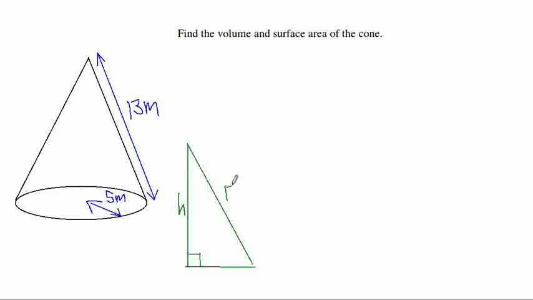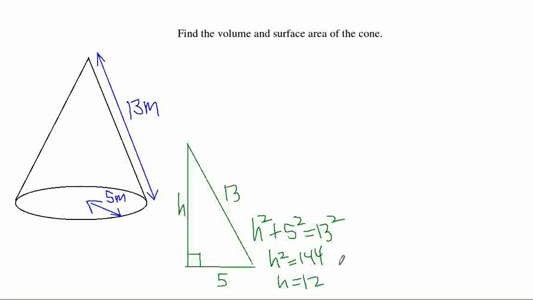So we'll call it h, call this 13, and then the short leg 5. So you can use the Pythagorean theorem to determine that h is 12. Okay, so I worked it out for you there to see how you can derive that h is 12.